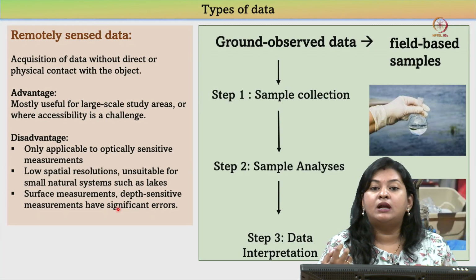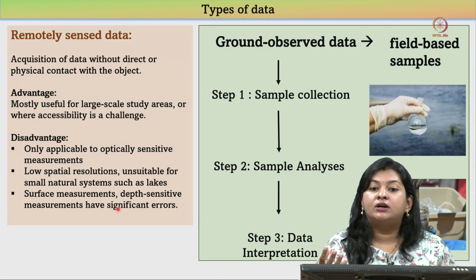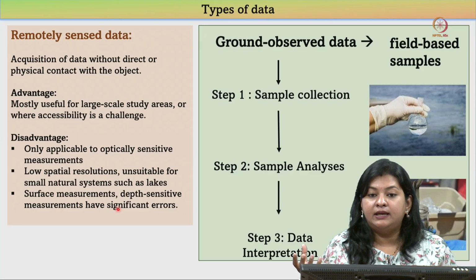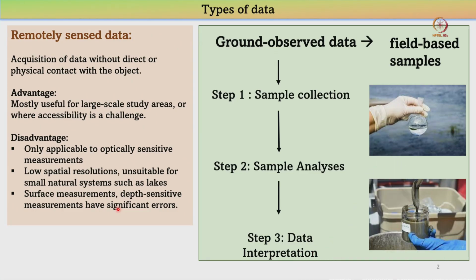What is ground observed data? That means you are collecting the sample from the particular area, that is, a field based sample. From that river water or the lake water, you are traveling, physically collecting the water, analyzing the sample and interpreting the data. So, this is my ground observed data, that starts from sample collection to sample analysis, and therefore my interpretation.